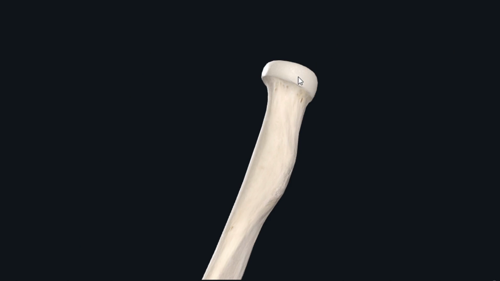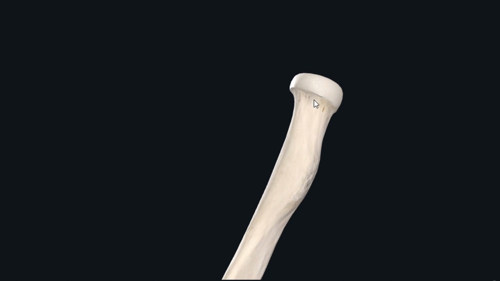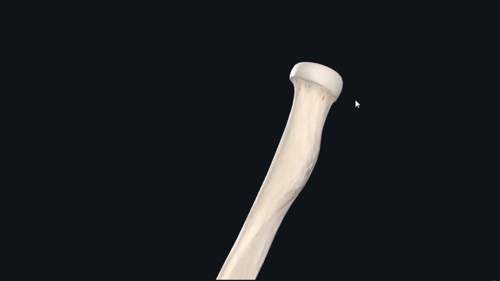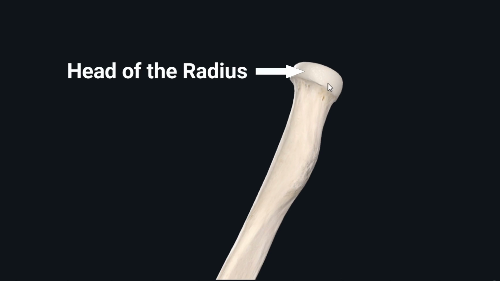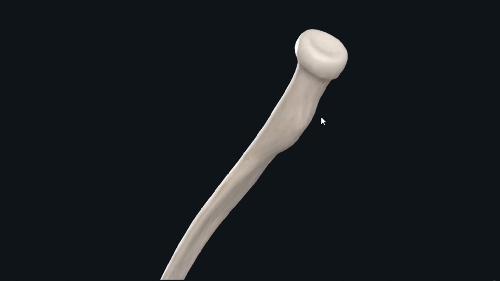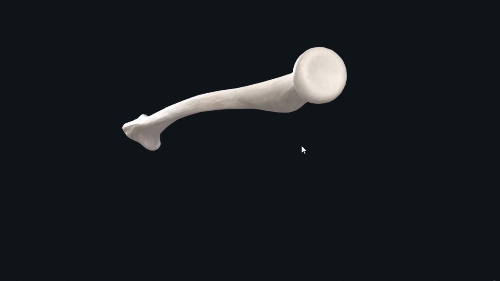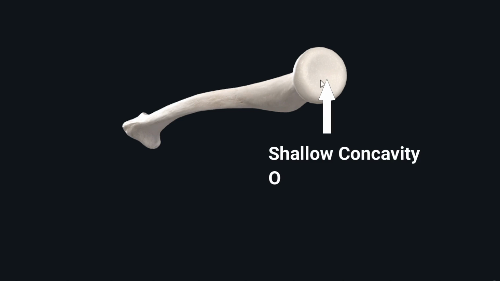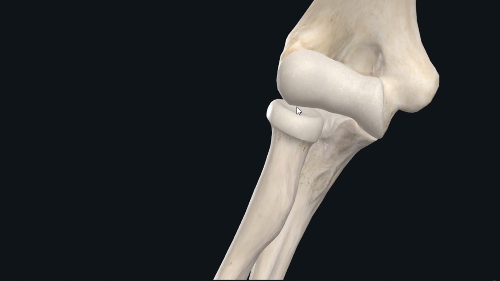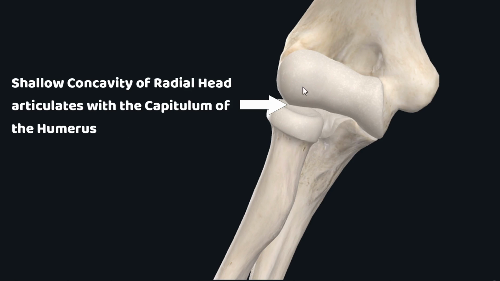So this expanded round proximal end of the radius is the head of the radius. The proximal surface of the head has this shallow concavity. This concavity is for articulation with the capitulum of the humerus as shown.